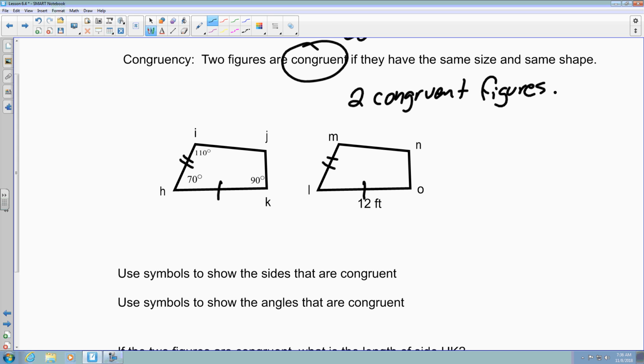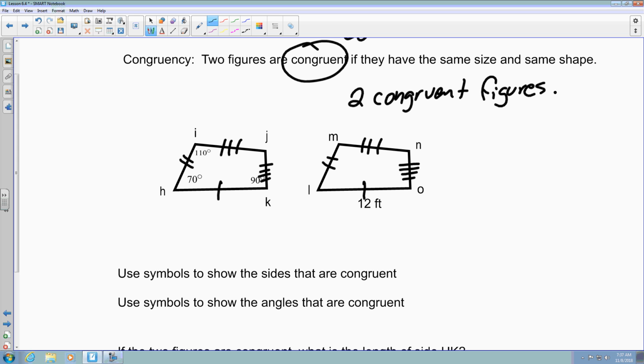So HI and LM are the same. You can make three marks here, and that shows that IJ and MN are the same. And then finally, you can go here 1, 2, 3, 4, 1, 2, 3, 4. So that's JK and NO are the same.